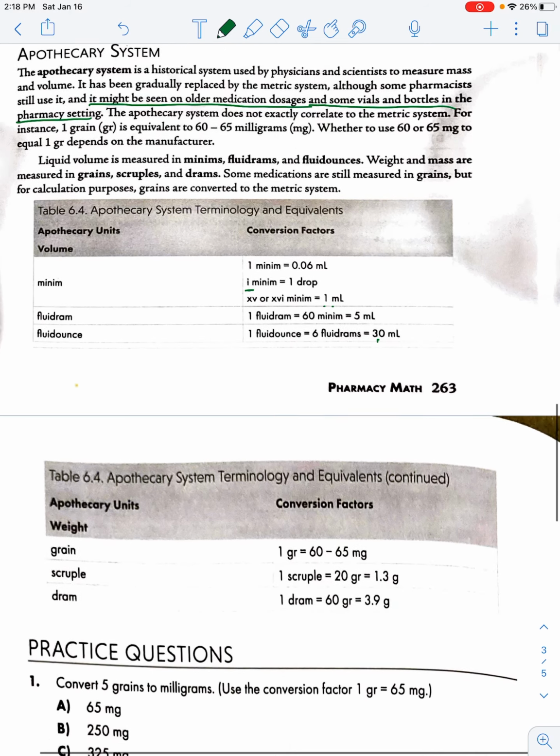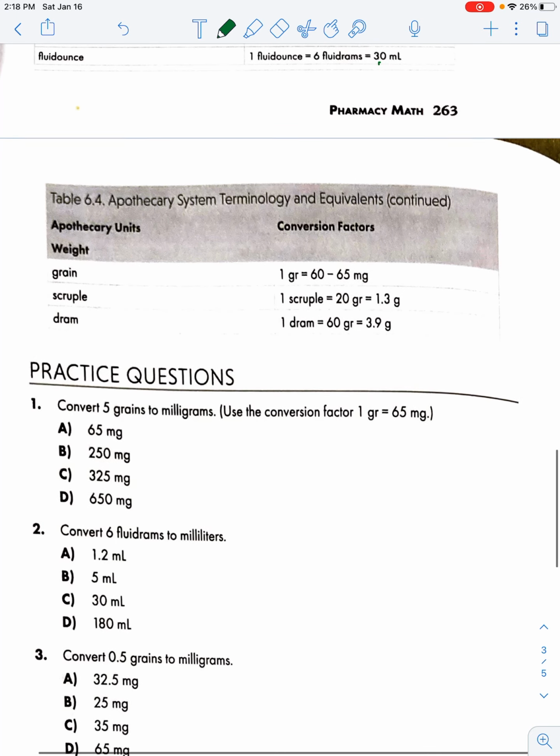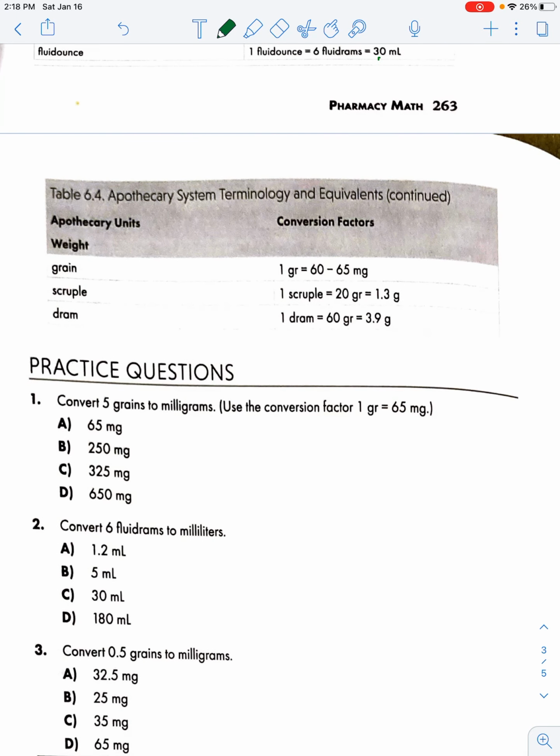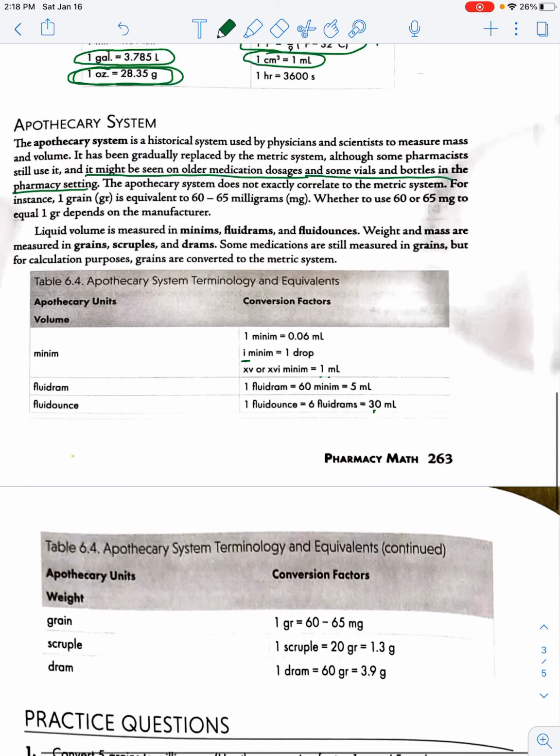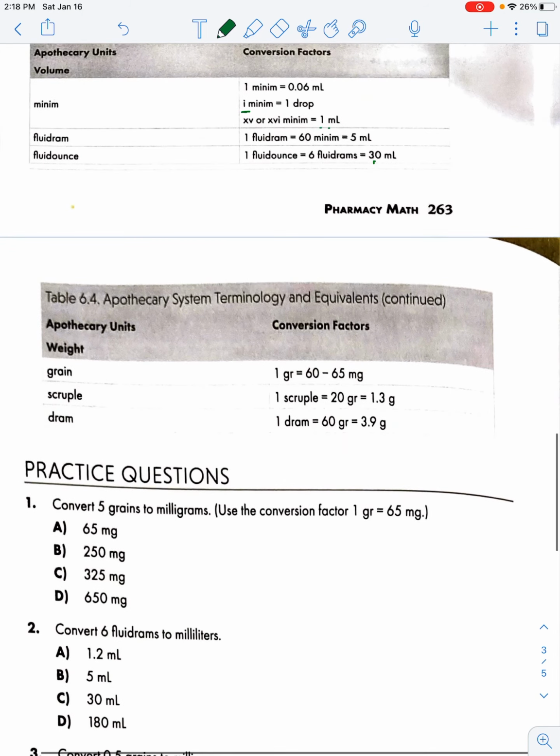So we can use those conversions along with the conversions here. This table just continued on the next page where they tell us 1 grain is between 60 and 65 milligrams. 1 scruple is 20 grains or 1.3 grams, and 1 dram is 60 grains or 3.9 grams.